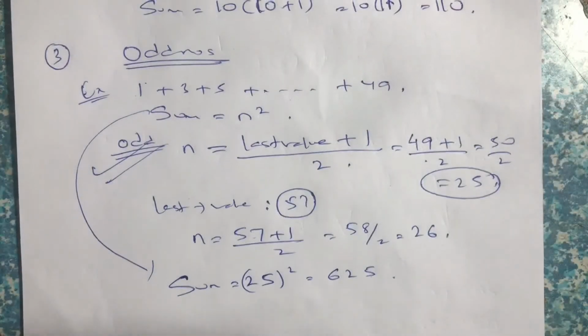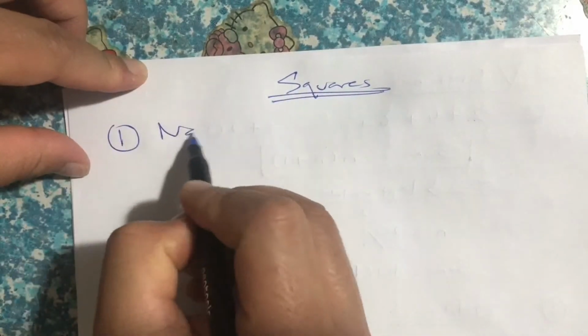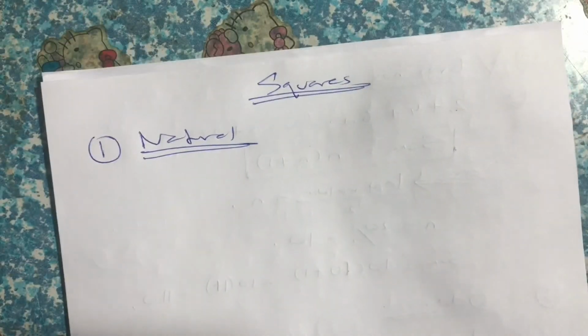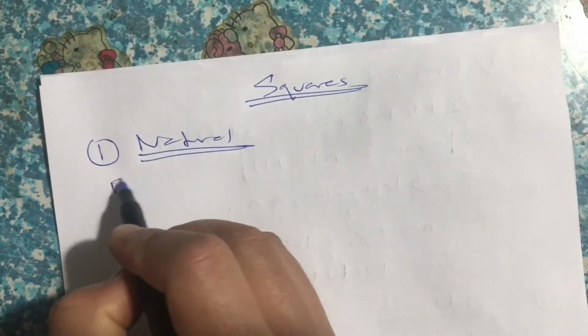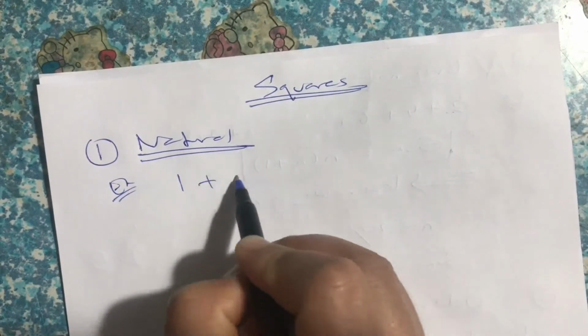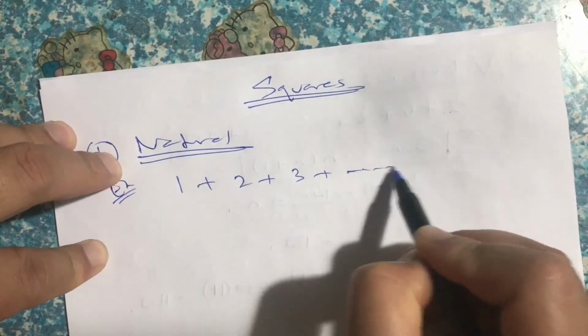Okay, so the square ones will have the power as 2. It will be the same thing, but now let's talk about the first one. We talk about the squares now, and the first one is the natural squares. So how does a question look for natural squares? It'll simply be natural numbers like 1, 2, 3, dot dot dot, and let's say it goes up to 10.